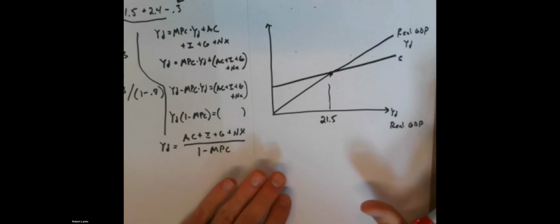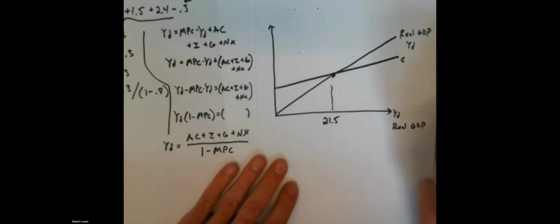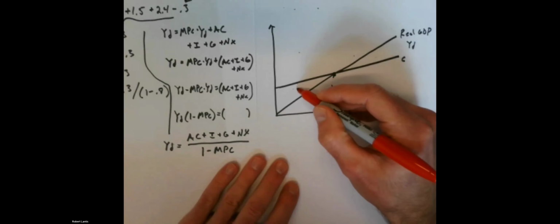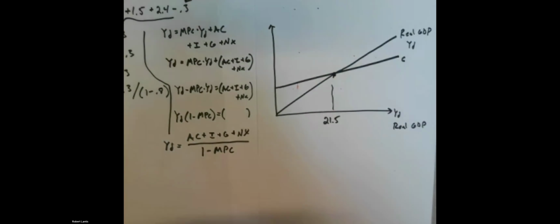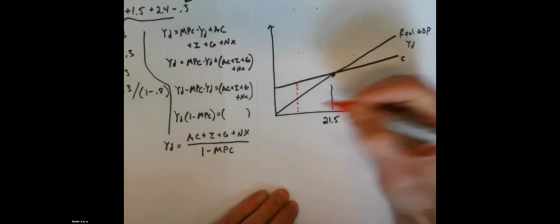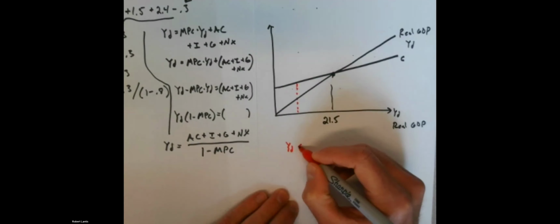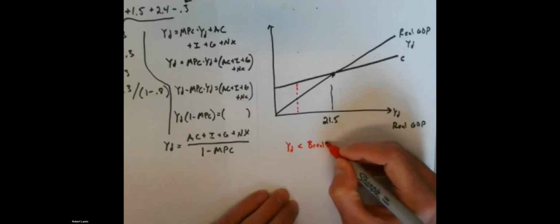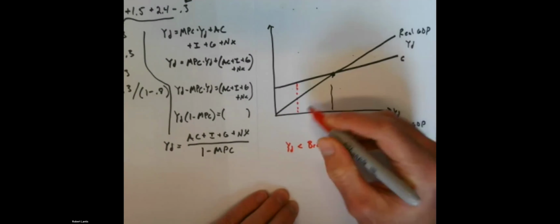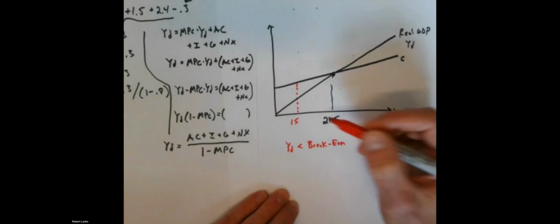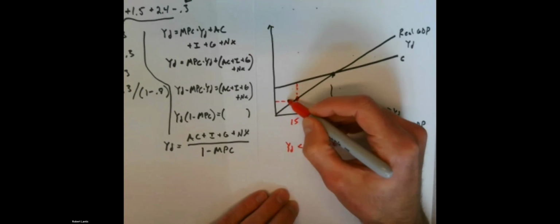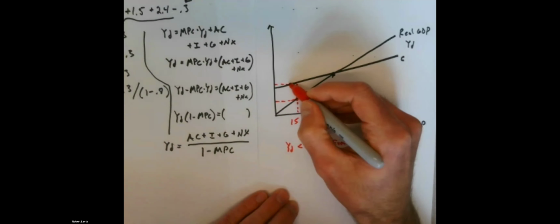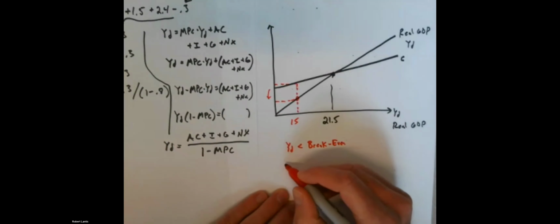So if I gave you a second example, and I didn't tell you to solve for what savings is, we did that with a simpler version where we just had consumption. Really anything where that disposable income is less than our break-even point, so let's say 15, is going to result in a level of real GDP that is less than our consumption.